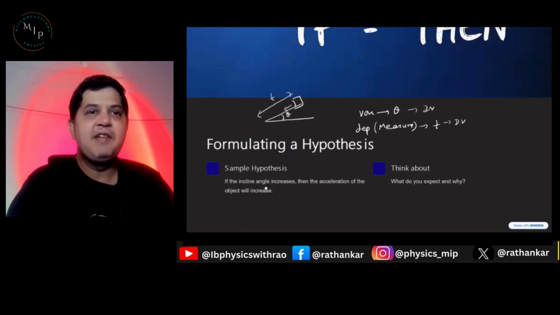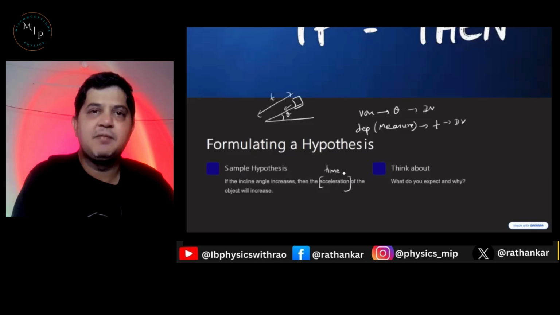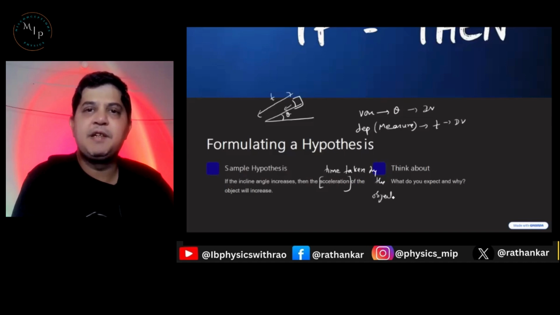If the incline angle increases, the acceleration of the object will increase. You need not write the acceleration over here. Instead, you can say the time taken by the object to reach the end of the incline.